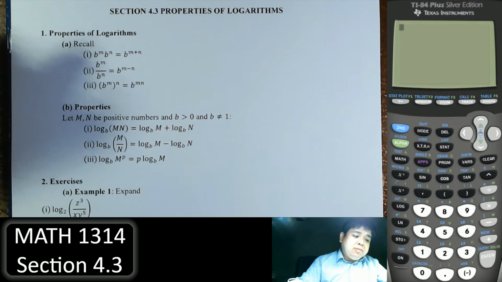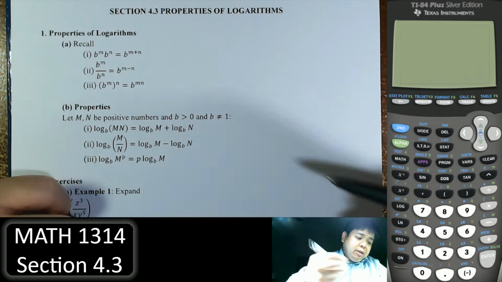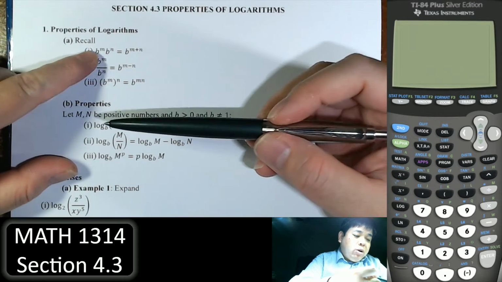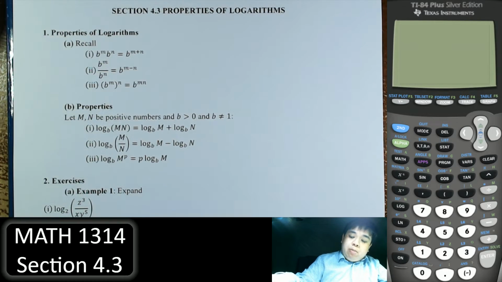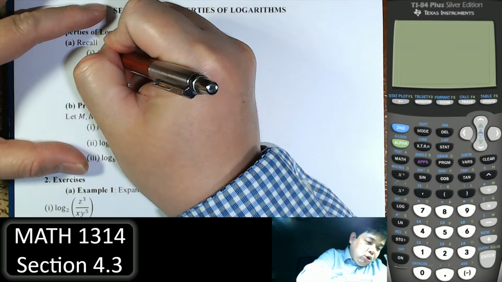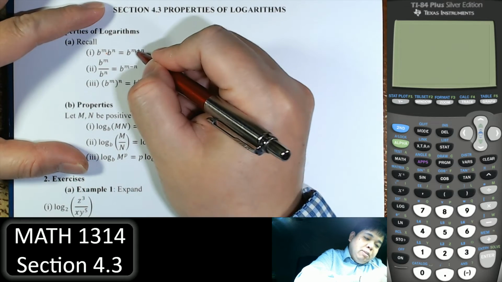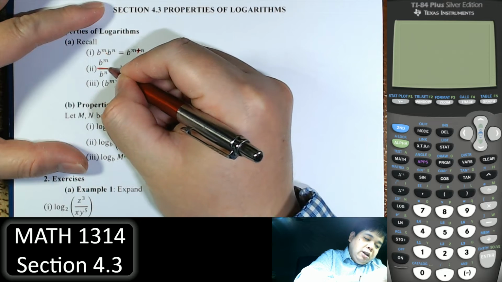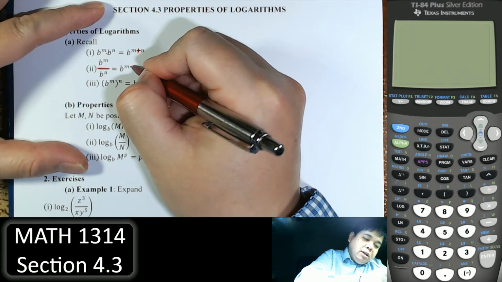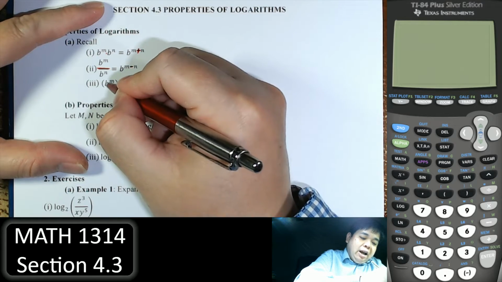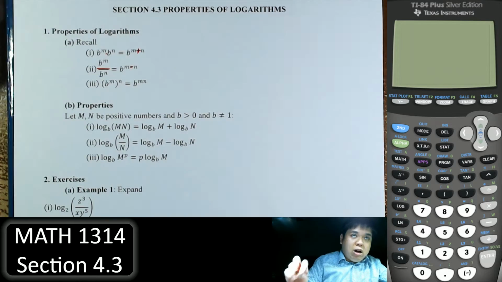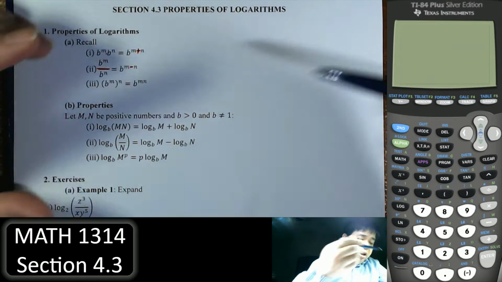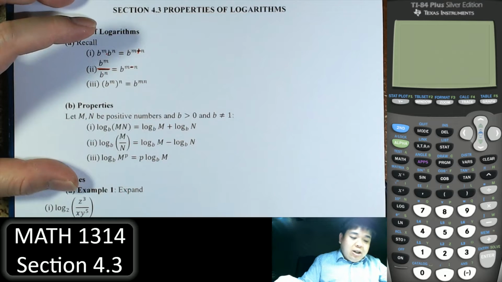in this section. Before we go there, let's recall that we have the property of exponent. When we multiply, it becomes addition, and when we divide, it becomes a difference, and power to another power, we multiply those powers. Now, with that, we have equivalent.